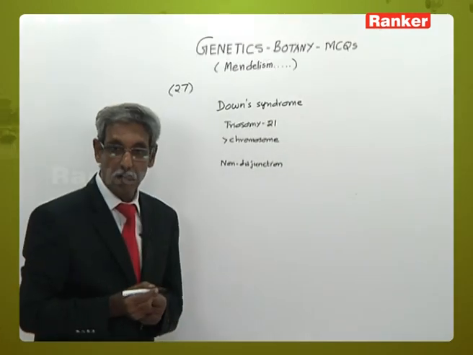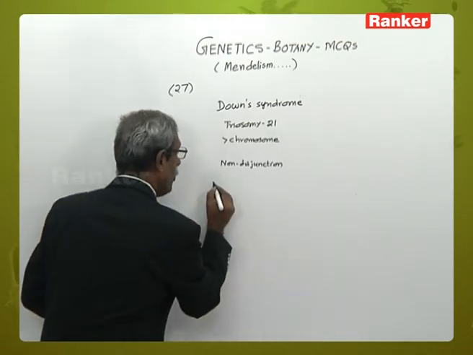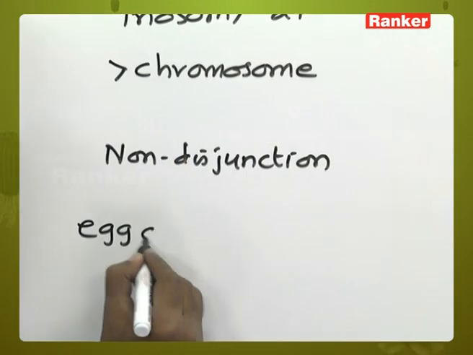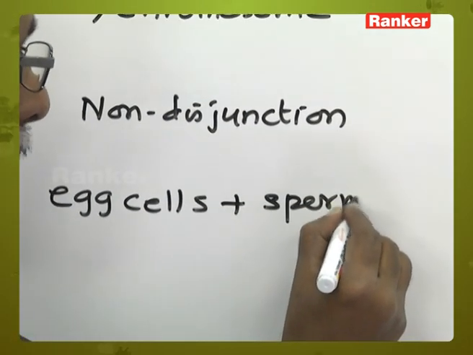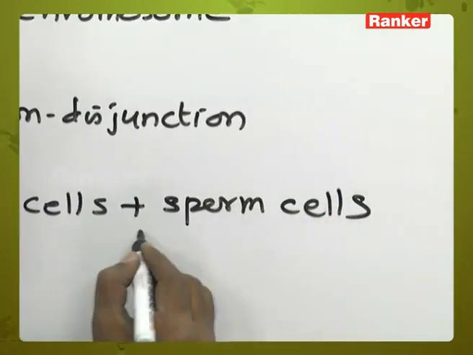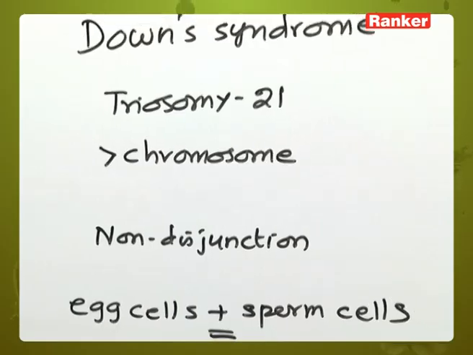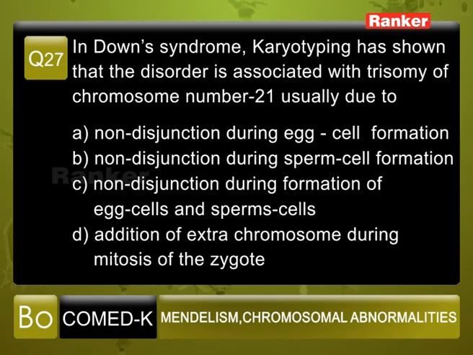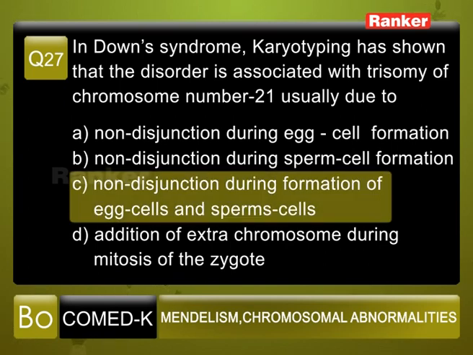Now non-disjunction of the chromosomes here occurs during the formation of both the egg cells and the sperm cells. So hence the answer to 27 is C. It involves both egg cells and sperm cells.